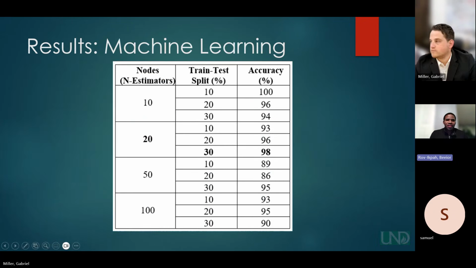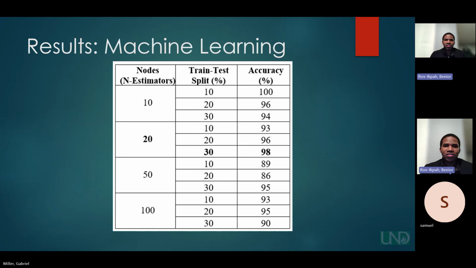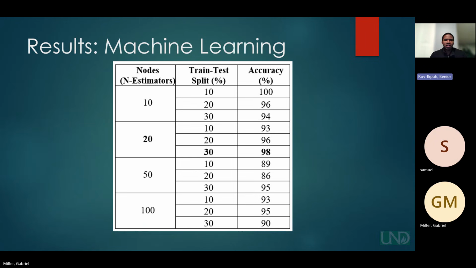Thanks, Gabe. So we will talk about our results. This table shows us, for the random forest algorithm, our nodes, which is the n estimators, and then our train/test data split, which is the percentage of the data given as the testing portion. And then we look at the accuracy.